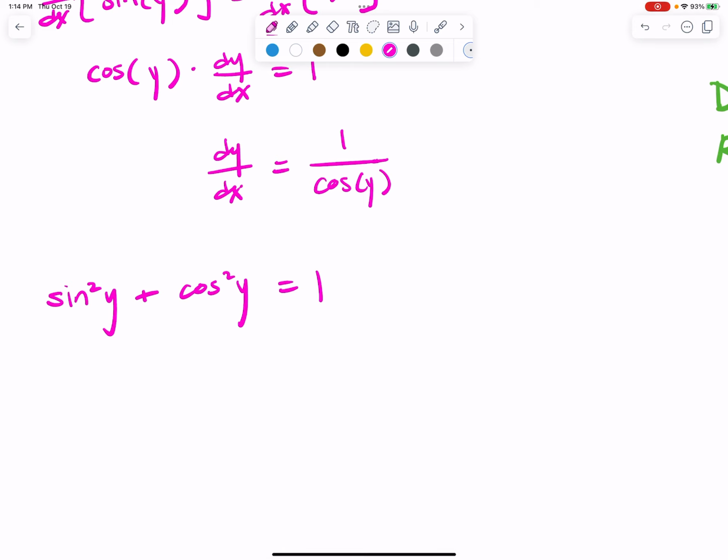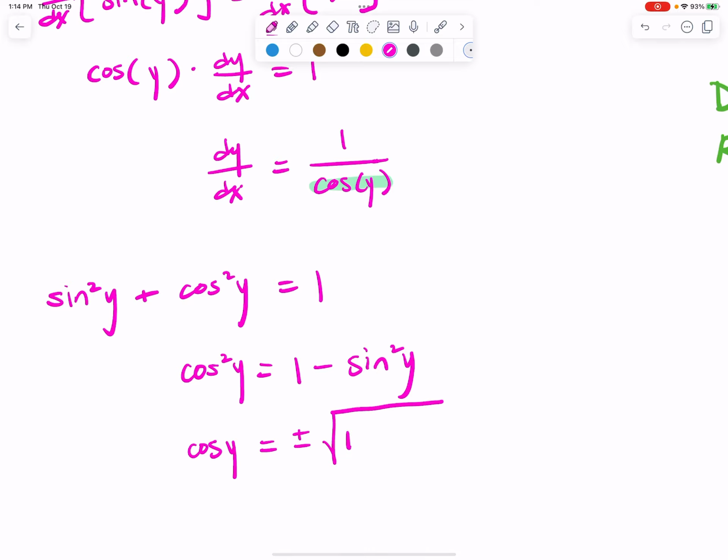Then, if we try to solve for cosine of y, because we're trying to figure out how we could potentially replace cosine of y in terms of x, we could say, okay, well, cosine squared y would be equal to 1 minus sine squared y. So cosine of y would be plus or minus the square root of 1 minus sine squared of y.